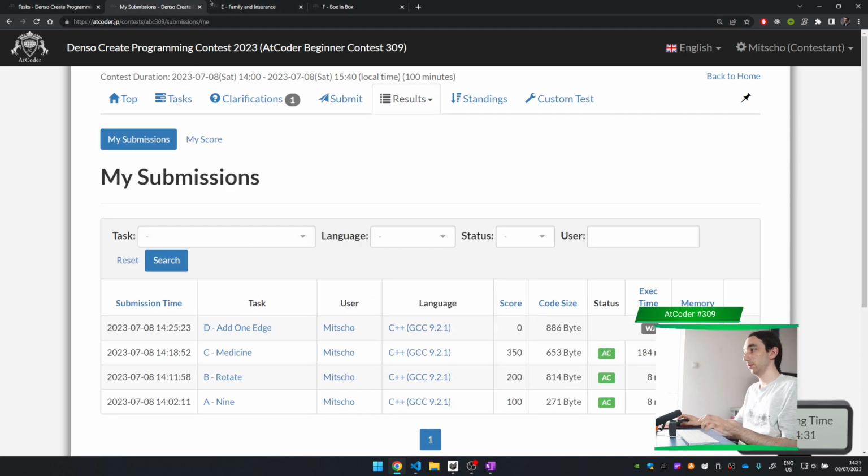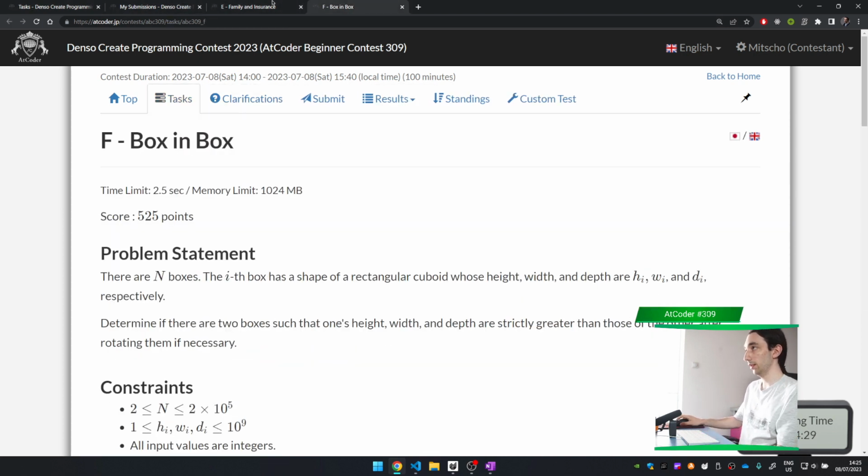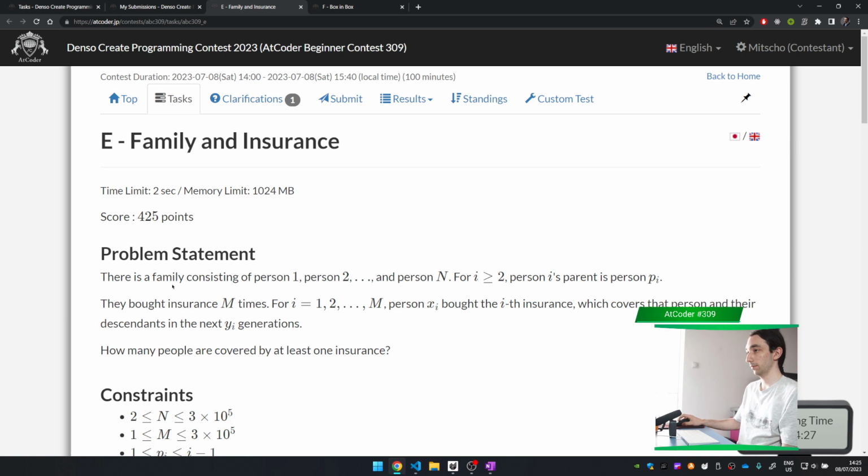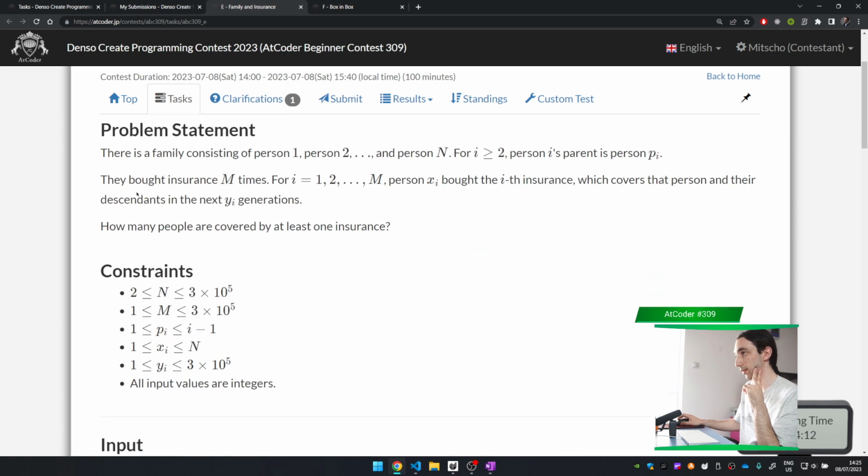So now that we are on E and F, these are more serious problems. There's a family consisting of person 1 to person n. For each person from the second, person i's parent is person pi. So there's like a tree. They bought insurance m times.